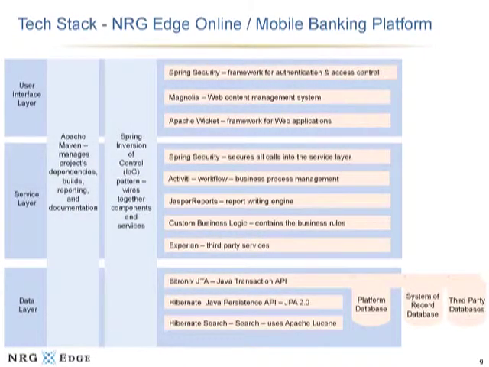Okay, so what mechanism are we using to integrate? Let me go back to the prior slide quickly here. One of the layers within the user interface is Apache Wicket. That's the UI layer web application framework that we've chosen.